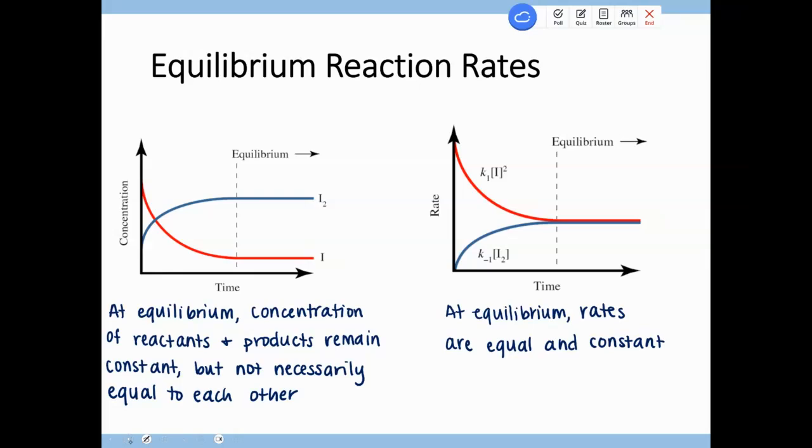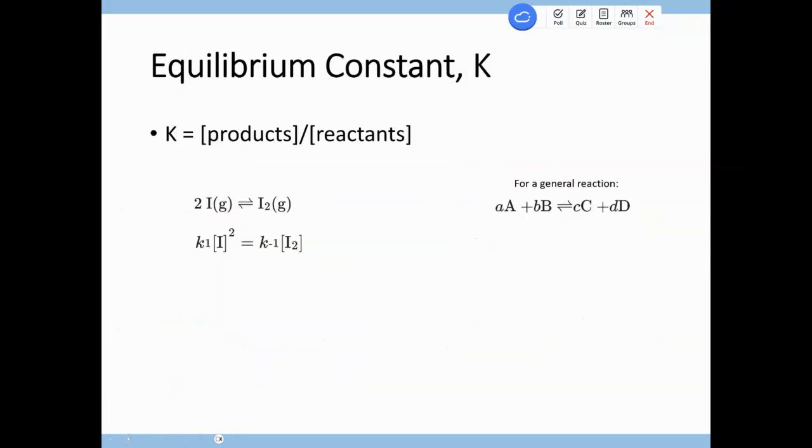So these properties are used to define this equilibrium constant. So this is capital K, different than the rate constant, which is lowercase k. Capital K is generally concentration of products divided by concentration of reactants at equilibrium.